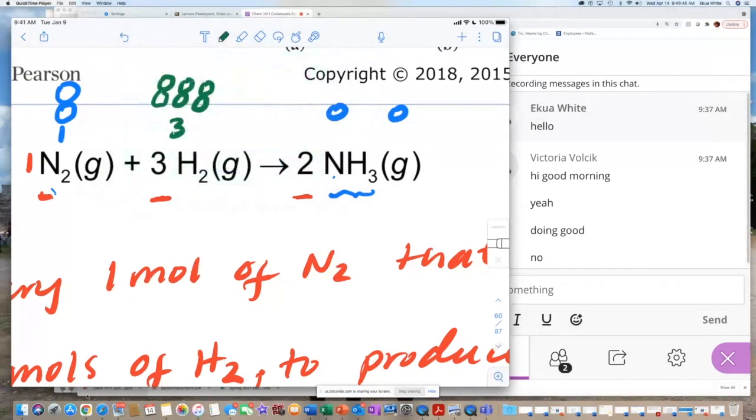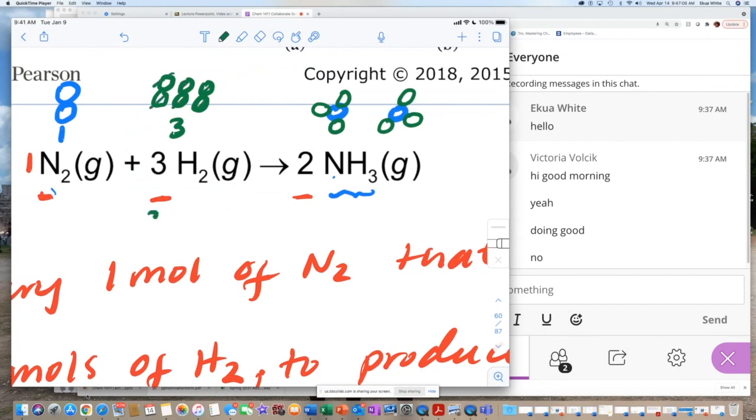So H's are represented by green colors, right? So I'm going to write 1, 2, 3. 1, 2, 3. Okay. How many H's did I have? Like individual H's, not H2s. If I count the individual H's, 1, 2, 3, 4, 5, 6.